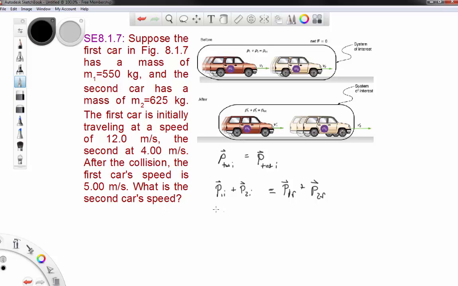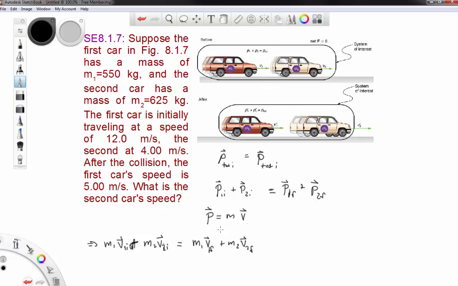And so since the momentum in all cases is given by mass times velocity, this is basically saying that we have mass of car 1 times initial velocity of car 1 plus the mass of car 2 times the initial velocity of car 2 should be equal to mass of car 1 times the final velocity of car 1 plus mass of car 2 times the final velocity of car 2.